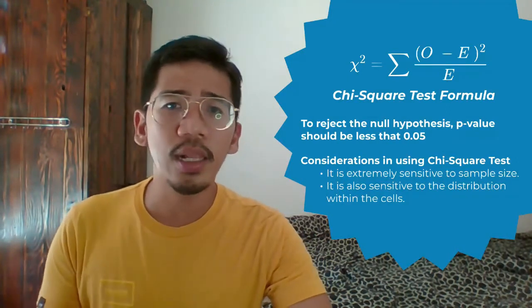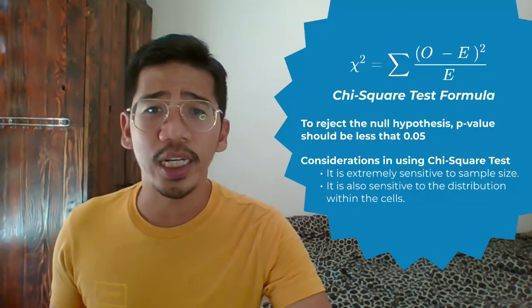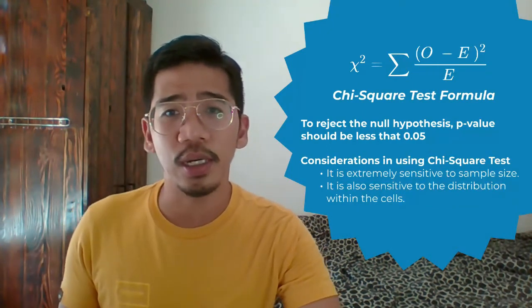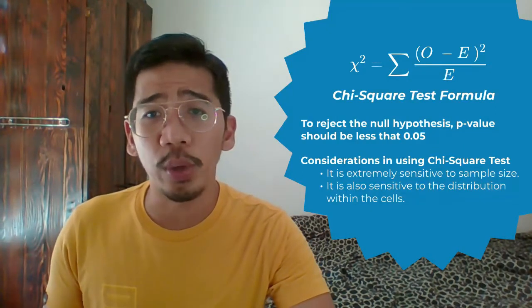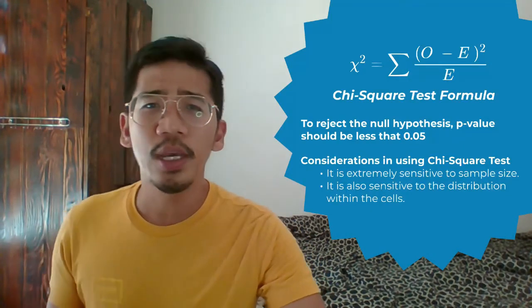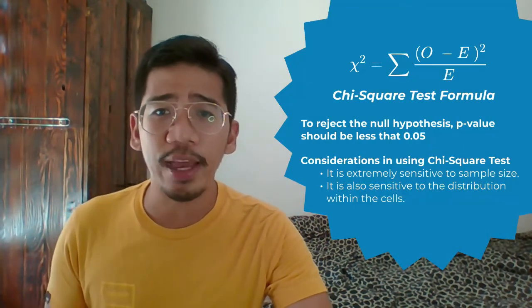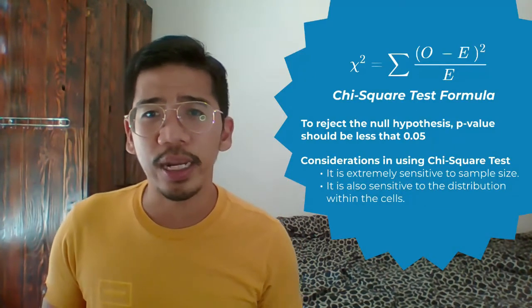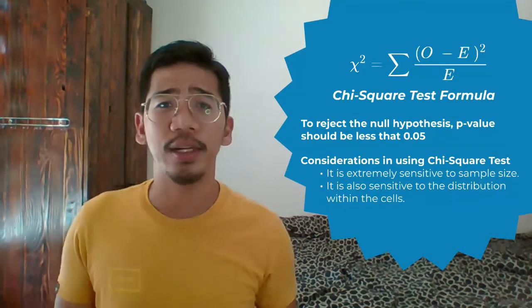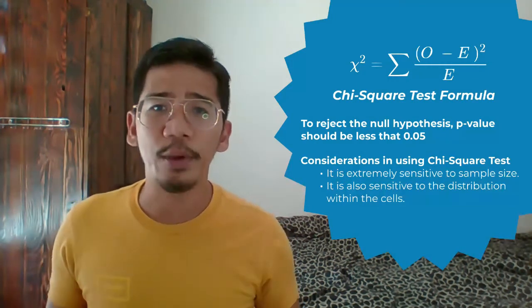To reject the null hypothesis and conclude that the variables are not independent of each other and that there is a statistical relationship between the categorical variables, the p-value should be less than 0.05. There are a number of important considerations when using the chi-square statistic to evaluate a cross tabulation.